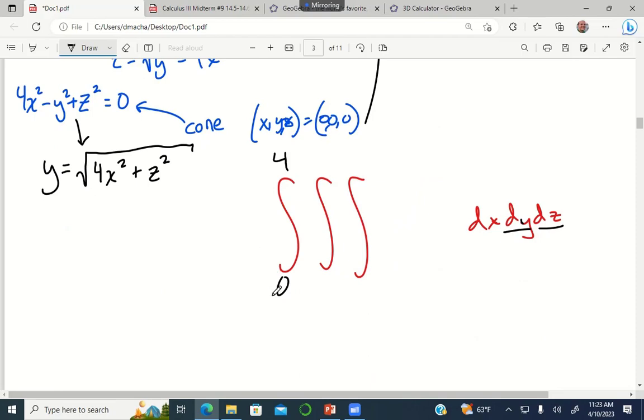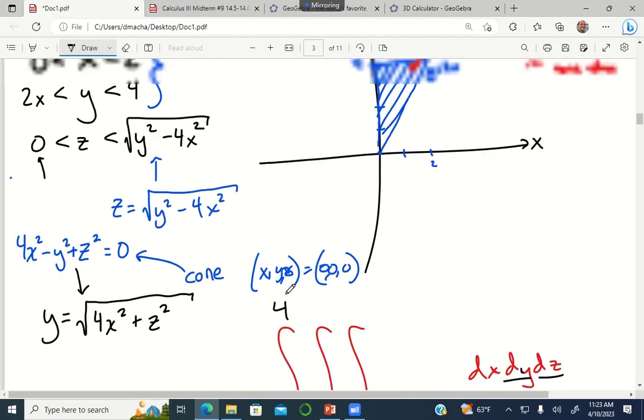And so I'm confident we got the z bounds right. I think the y bounds are going to be really difficult to think about.